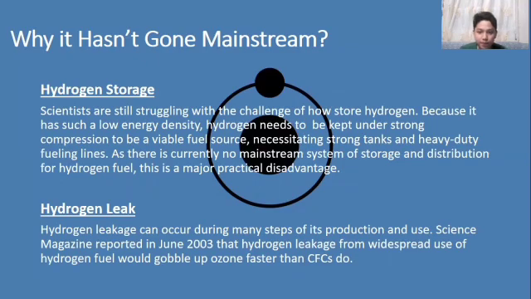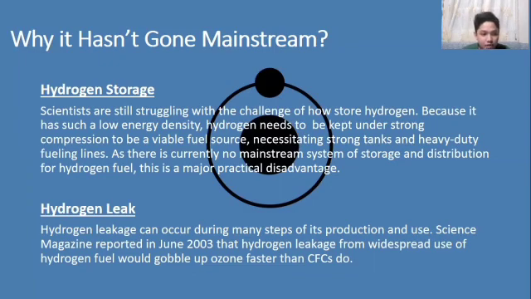Hydrogen needs to be kept under strong compression to be a viable fuel source, necessitating strong tanks and heavy-duty fueling lines. As there is currently no mainstream system of storage and distribution for hydrogen fuel, this is a major practical disadvantage.